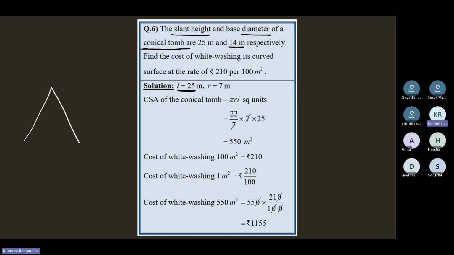Slant height 25, diameter is 14, which means radius is 7. And it's a conical tomb. You need to find the cost of whitewashing. It's given very clearly, curved surface. Then you should find the curved surface area. Pi r l.